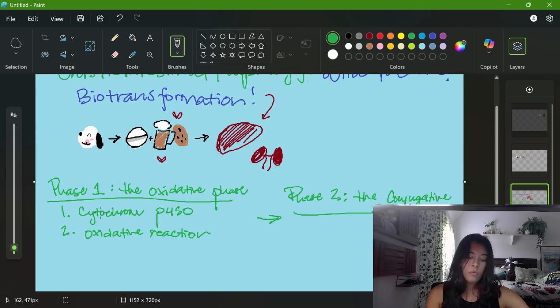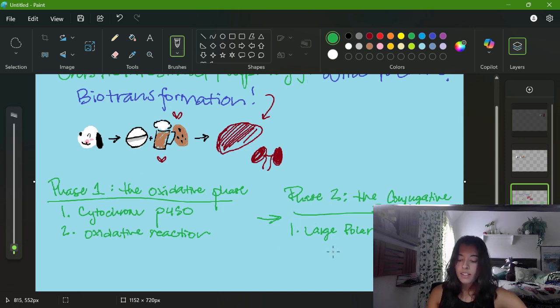So just like with phase 1, where the name already alludes to what's going to happen, we know conjugation means the addition of something. And in phase 2, we'll have the addition of large polar molecules to those byproducts from phase 1 that have been made ready for phase 2.